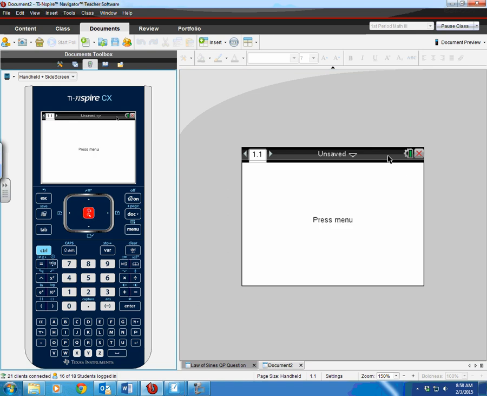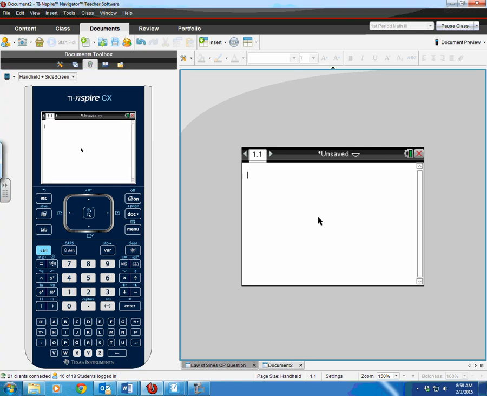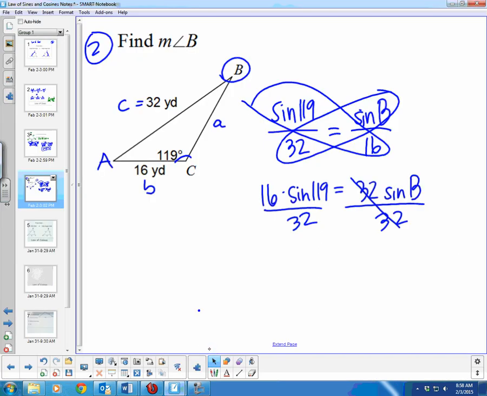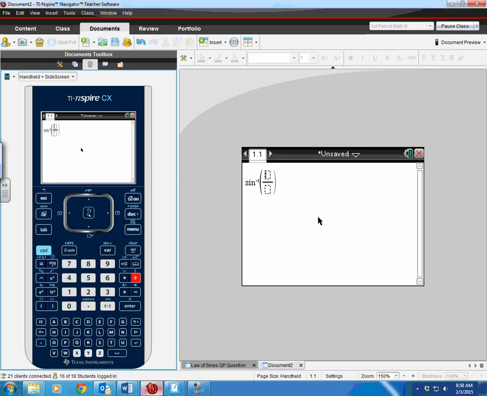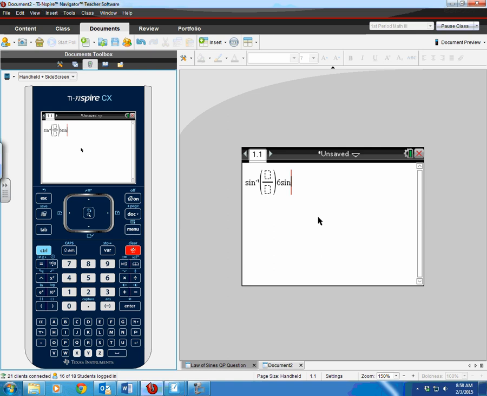Hold on. Hey, Carrie. So inverse sine, and then let's do our fraction button, so control divide. And then we put in our problem of 16 sine 119. Oops, sorry, it would be helpful if I was in the fraction.